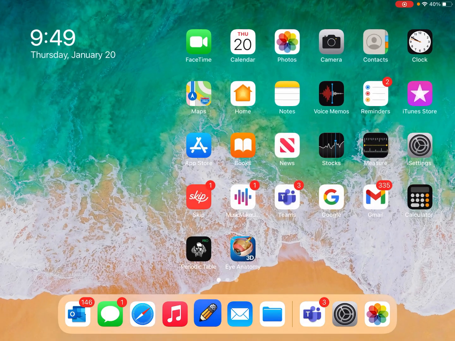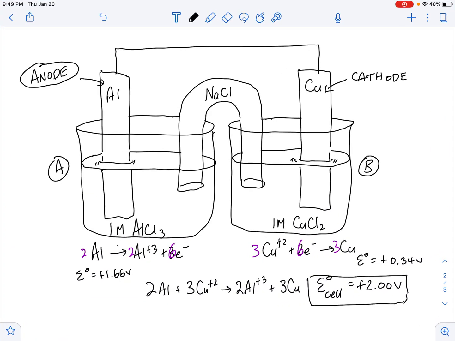So then if you were asked the very specific question, what observation are you making at the cathode? Or what half reaction is occurring at the cathode? Well, the cathode is where the reduction is occurring. So there is my cathode half reaction. What would I physically observe on here?